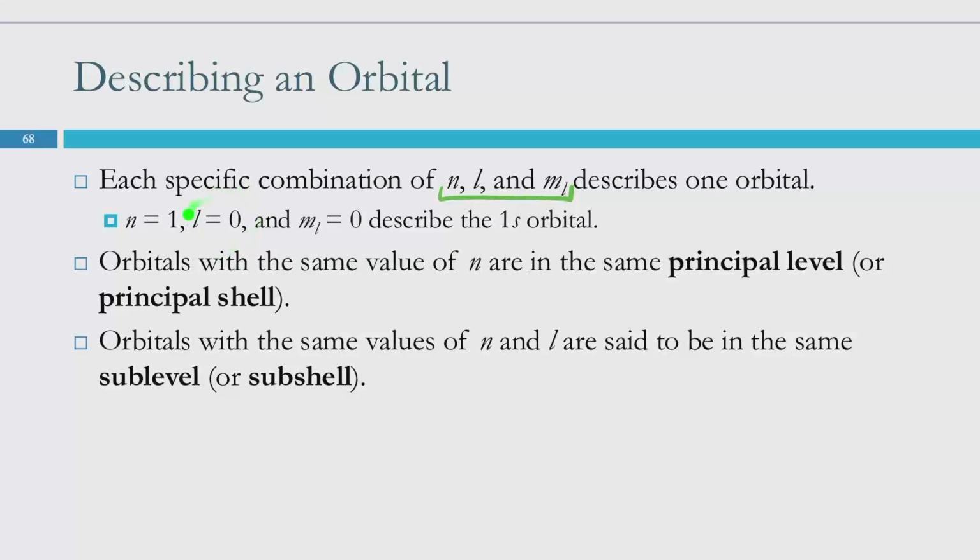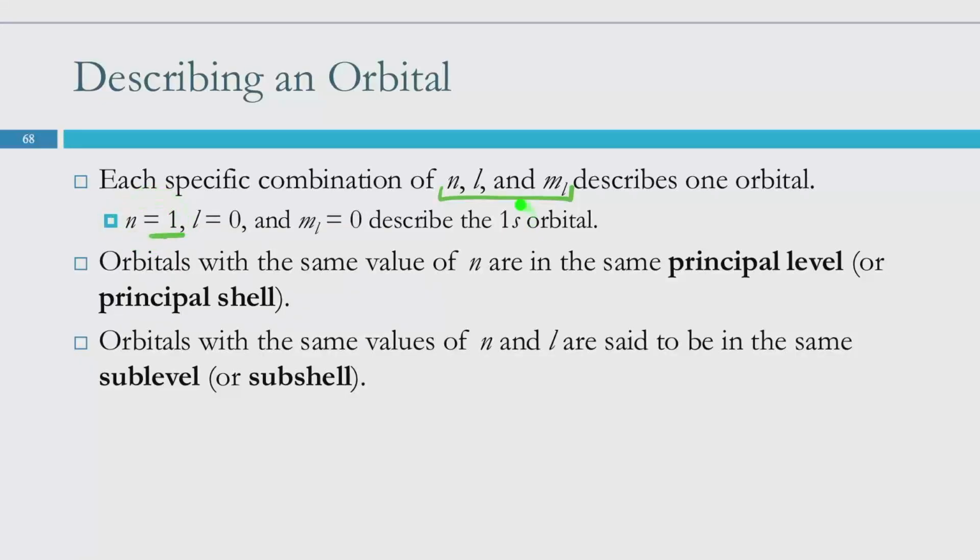Our only option for n equals 1 is L equals 0. So L equals 0 is describing the type of shape that we have. Our only option is 0. And then m sub L, which goes from negative L to positive L, is just going to be 0. And that's describing the one particular type of shape. We've only got one option as well for that one. This describes our 1s orbital.